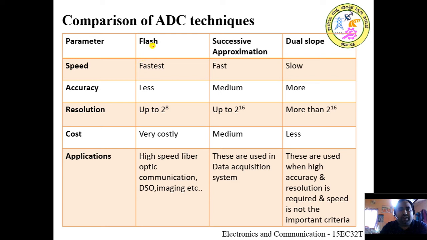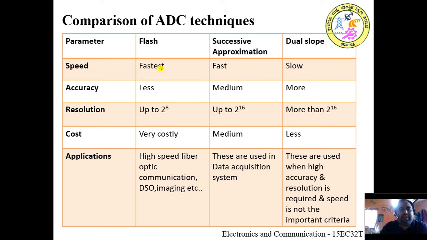So, comparison of ADC techniques. Here we are going to compare the three ADC techniques, flash type, successive approximation type, and dual slope type of ADC, with different parameters. The first one is speed.